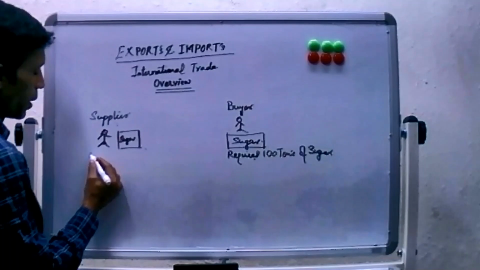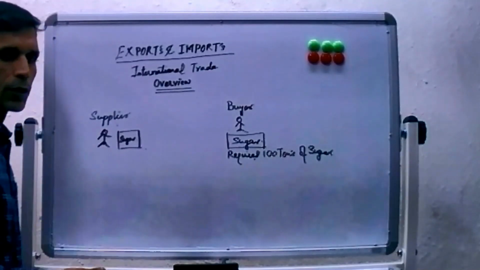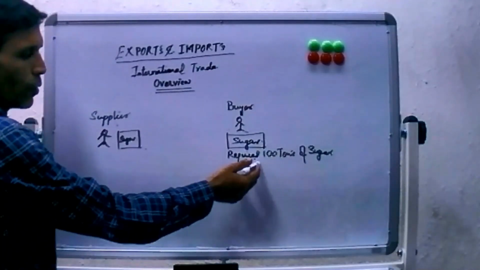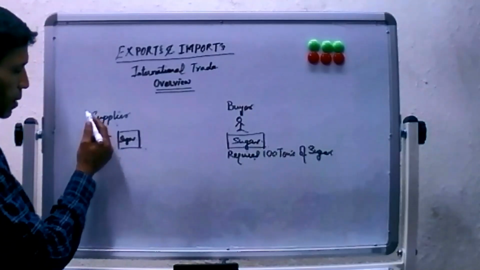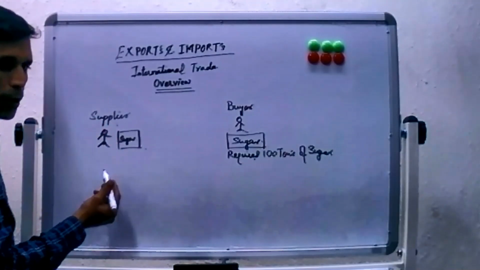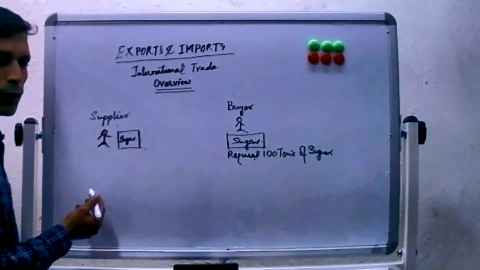Let us say he is able to produce nearly 1,000 tons. It does not matter, as it is required only for 100 tons, but this supplier is able to produce 1,000 tons.